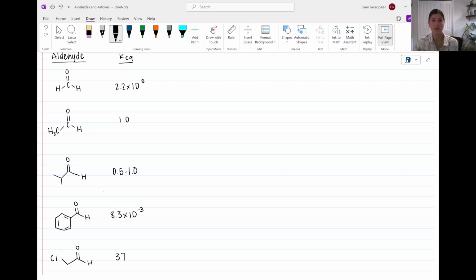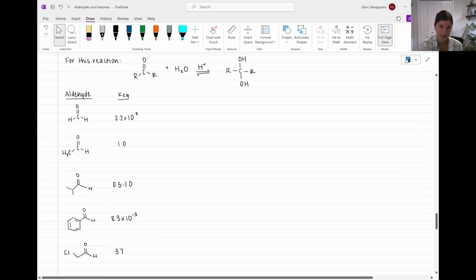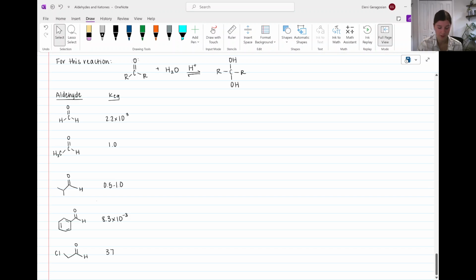So let's look at all of these and think about the pattern here and use the mechanism to reason through what's going on. So remember, in aldehydes and ketones, we have a distribution of electron density. The carbonyl carbon is electron poor, and the nucleophile present in solution will add to the carbonyl carbon.